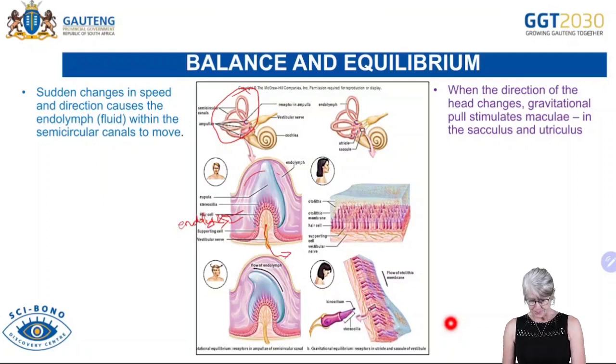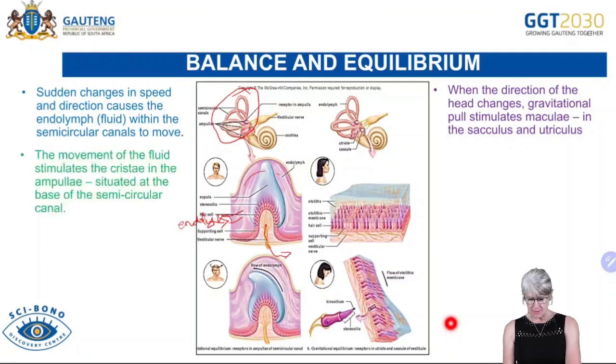Okay, so those sudden changes, the movement of the fluid, then stimulate the cristae. Remember we said this sensory receptor is called a crista, and it's found in the ampullae. Ampullae just means a swollen part, the base of the semicircular canal.